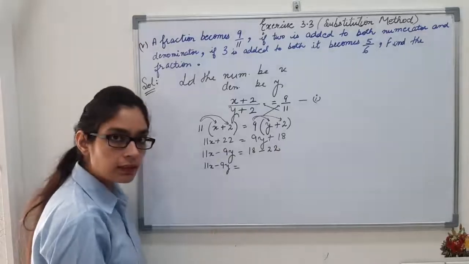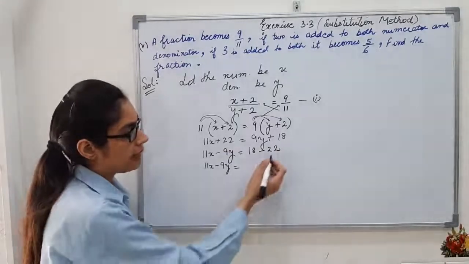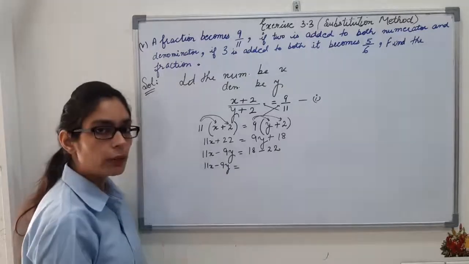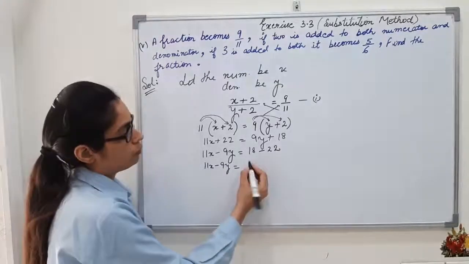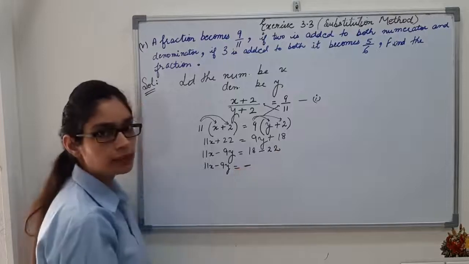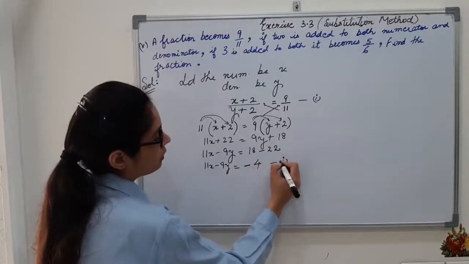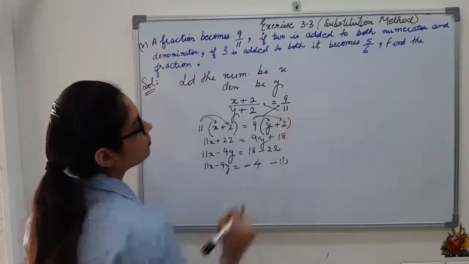Minus plus is minus, and we take the sign of the bigger number. So the bigger number is 22 and with 22 we have the minus sign. So I'll write minus, 22 minus 18, it is 4. This is my first equation.